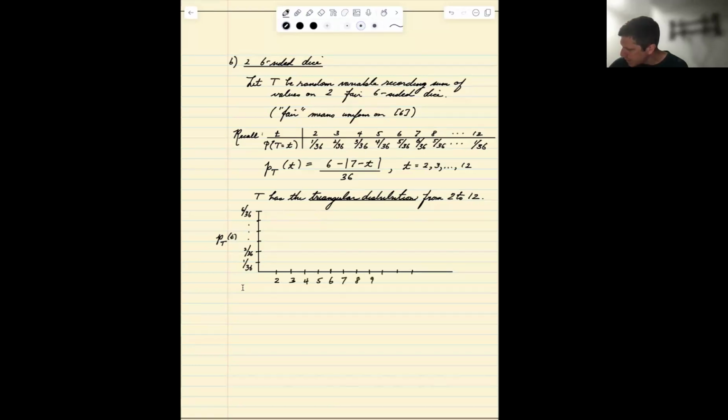Well, if we plot the masses as vertical rods, so there's a mass concentrated at each of these, and the height is the corresponding mass.